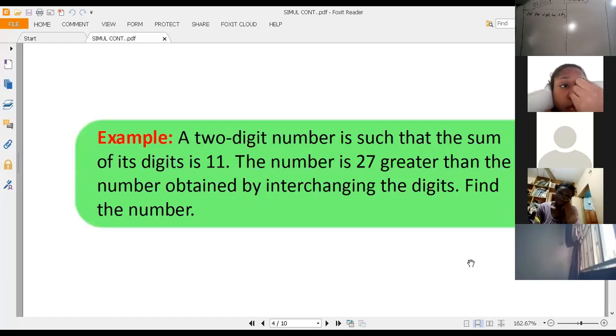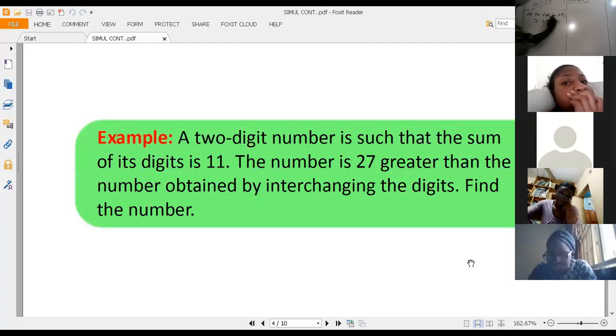Now, such that the sum of its digit is 11. So the first sentence is that the sum of the digits, X plus Y, is 11. You have a number which has two digits, but individually, when you add the digits, you have 11.